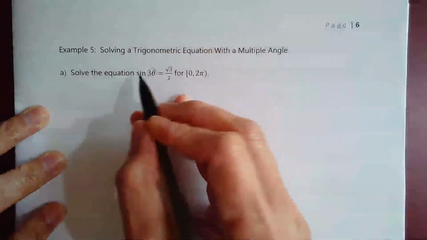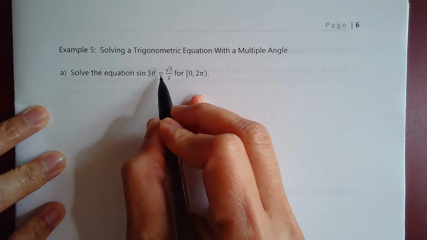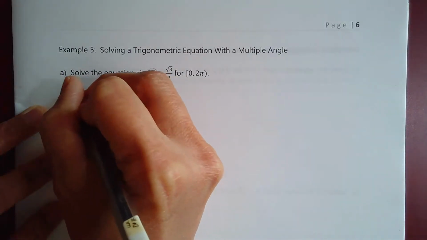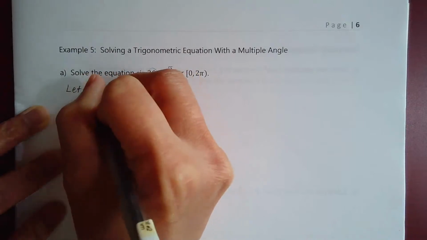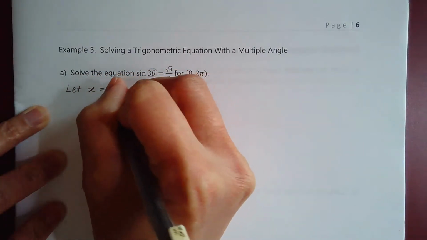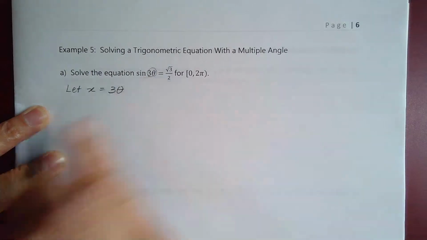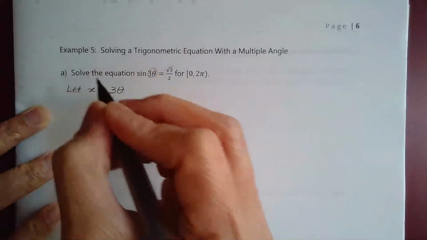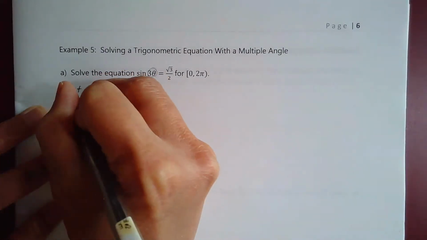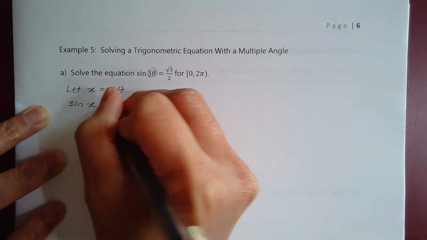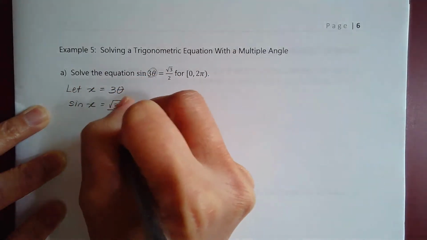So instead of sine of 3 theta equals root 3 over 2, we're going to let x equal 3 theta. So we're taking all of these and we're going to put x right there.